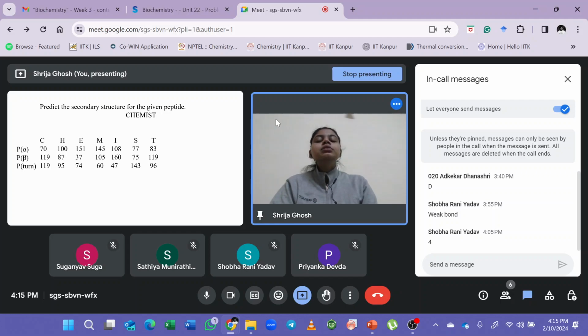If it has 3 out of 5 amino acid residues with PB higher than 100, it can form a beta sheet. If both cases are there, then you do the summation: summation of PA and summation of PB. If the summation of PA is higher than the summation of PB, it will form an alpha helix. If the case is opposite, that is the summation of PB is higher than PA, then the chance of it becoming a beta sheet is higher. Is that clear?